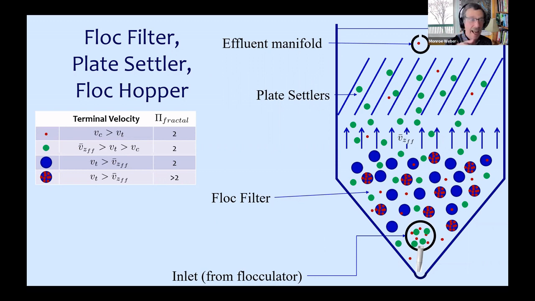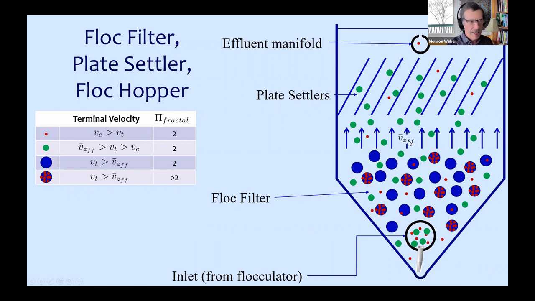And then later, at even much higher energy dissipation rates or velocity gradients in that jet, we see another failure, or another indication of a problem. We see that the concentration of flocks or particles in the supernatant below the plate settlers and above the flock filter starts to go up.